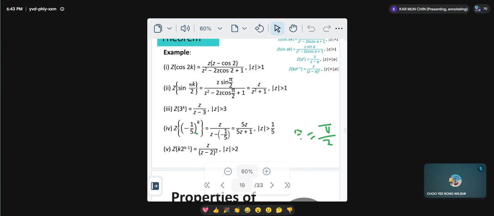Then you just rearrange it, you will get 5Z over 5Z plus 1. This is your final answer, but your condition here is not Z more than 5. Z is more than the absolute value of A, so your A is negative 1 over 5, and the absolute value of A will be 1 over 5. So take note of this part.